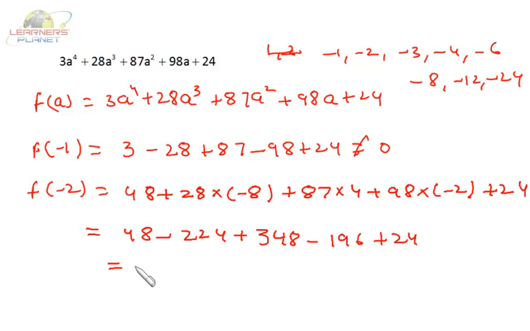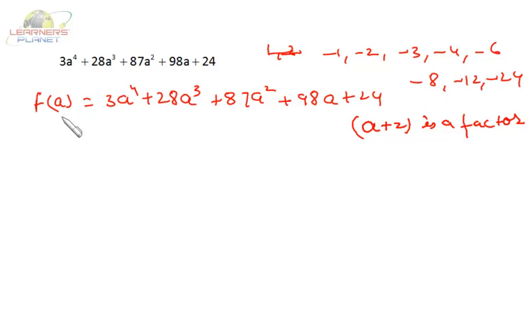So let's calculate this. We are getting 0 by this calculation. That means if we put a equal to minus 2 in this polynomial, we are getting 0 as remainder. That means a + 2 is a factor of this polynomial. Okay, so now we have to find out the next factor.